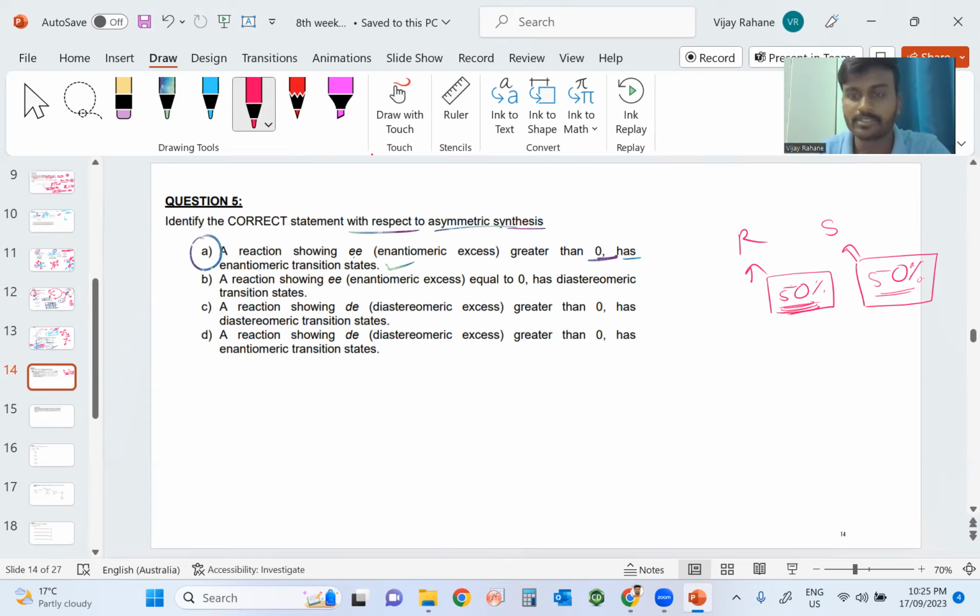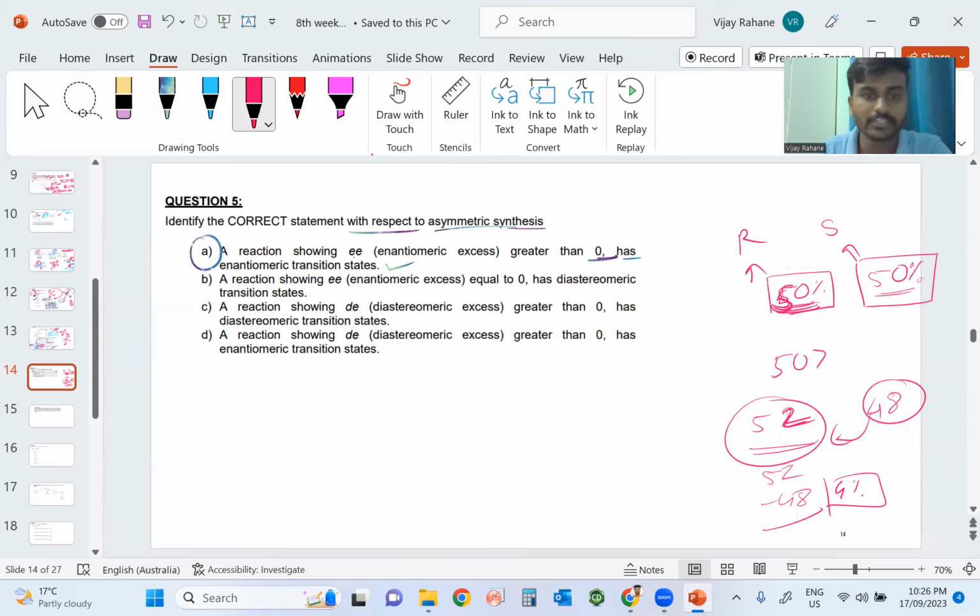But when we get some isomer which is greater than 50%, let's say it is 52%, then how much is the enantiomeric excess? The two are 52% and definitely 48%. So this 48% cancels the specific rotation of this 48%. Therefore, 52 minus 48, which is 4% enantiomeric excess in this case, right? So which has the enantiomeric transition state.